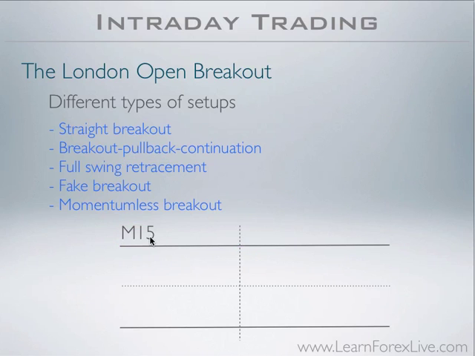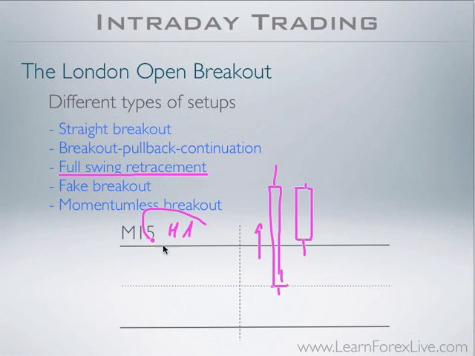All right, now let's imagine this was the 1 hour time frame. The full swing retracement would look like this: a momentum breakout with a massive green bar, in this case, since we are looking for an up breakout. Then we would get a pullback bar, which would be red.